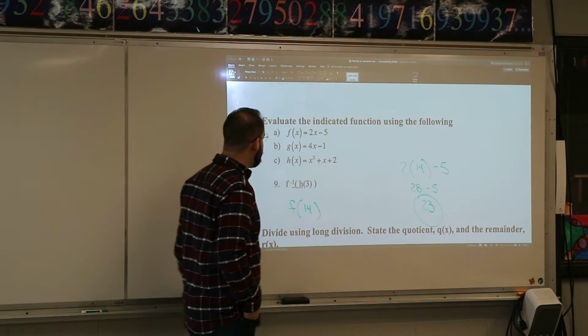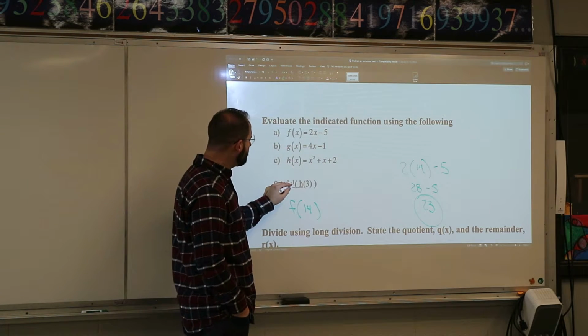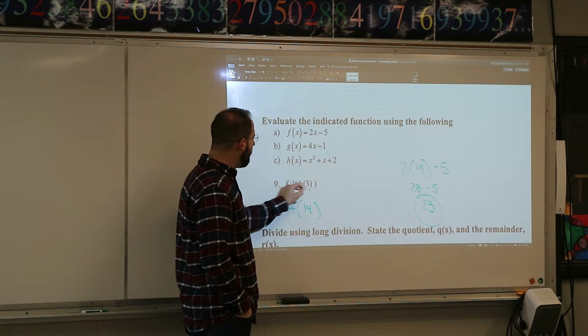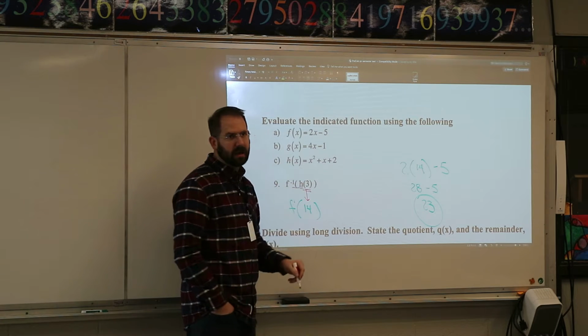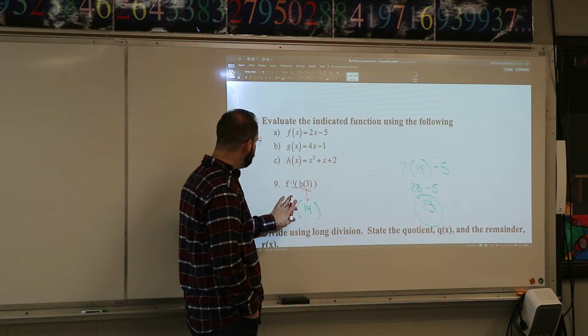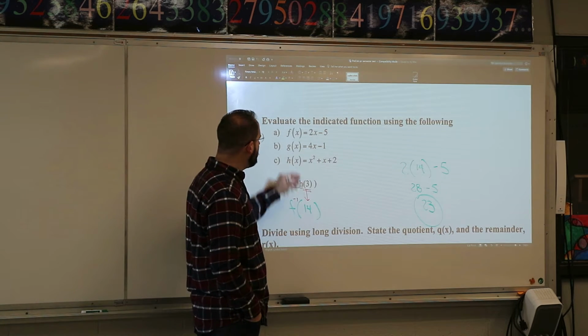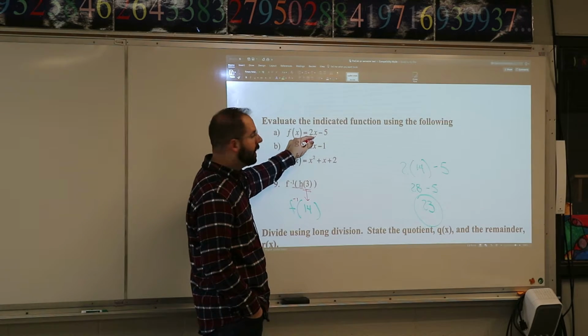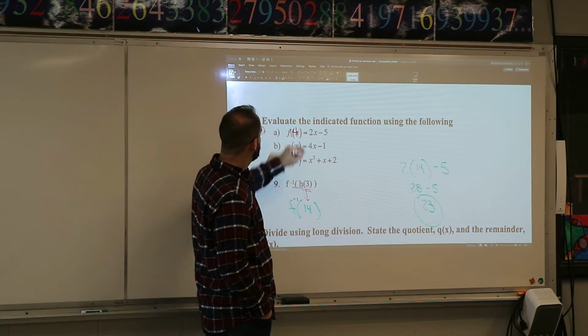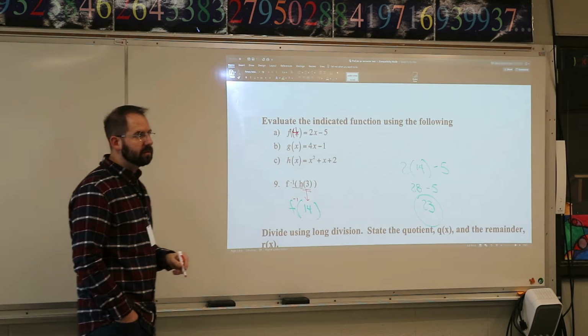What a -1 means is that when you get down to this, you still do the h of 3 the same, you still get the 14, but if they actually have the -1 sitting there, that means instead of plugging 14 in for f, the 14's over here, and you solve for x.